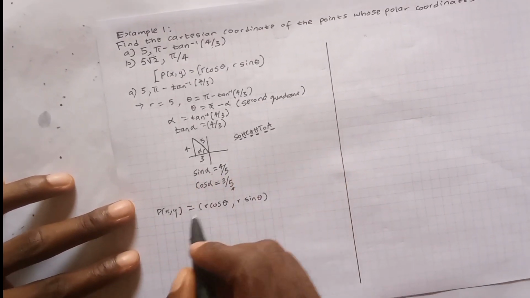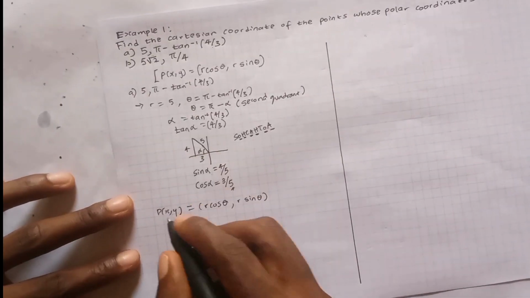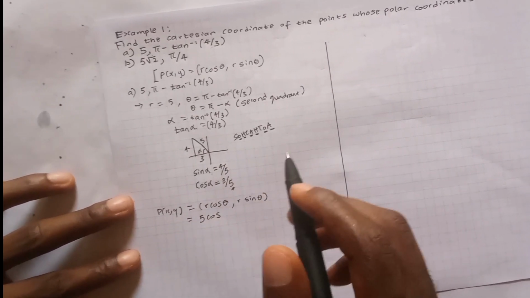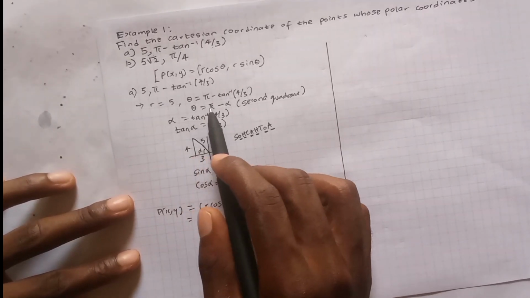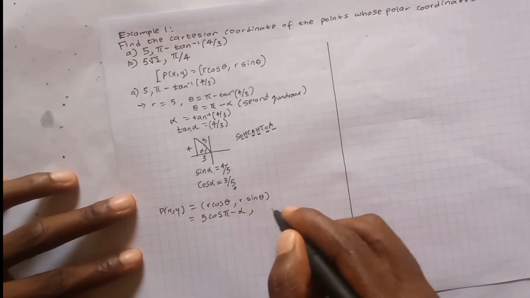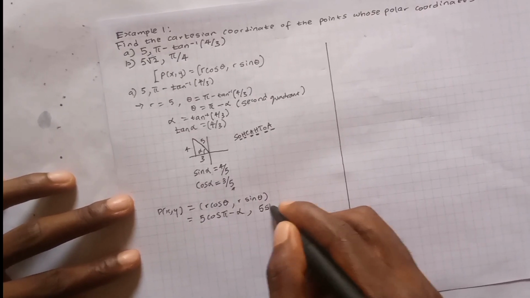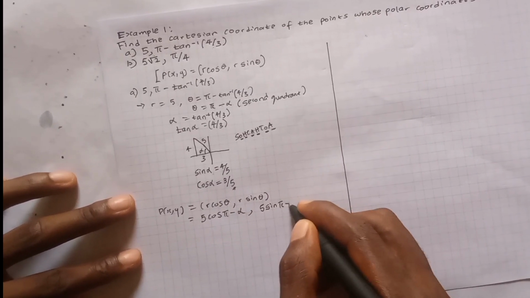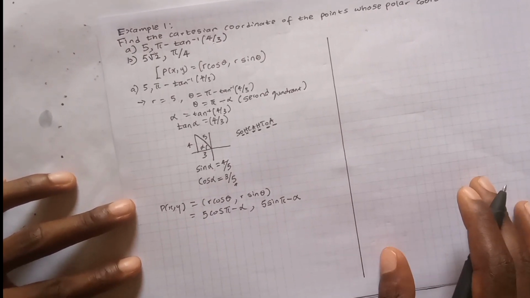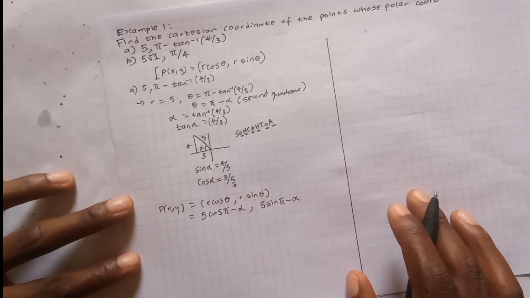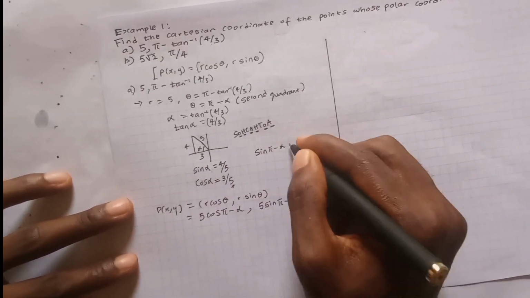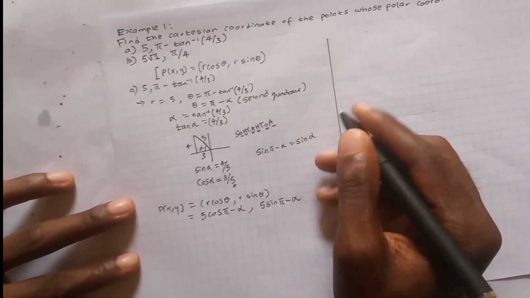So, what's r? We said that r is 5. So this is 5 into cos theta. What is theta? Theta is pi minus alpha, so cos of pi minus alpha, comma, we have 5 into sine of pi minus alpha, right? So from here, remember we said sine of pi minus alpha equals sine alpha.